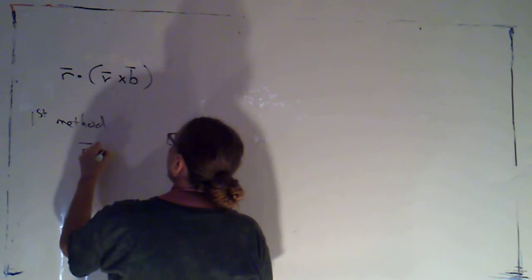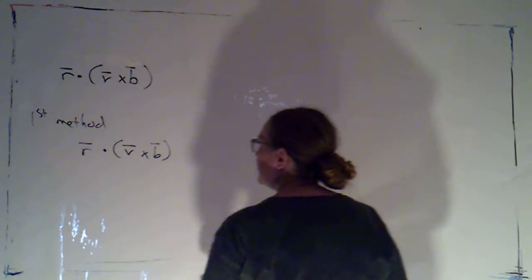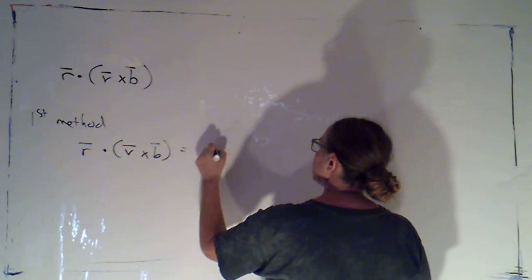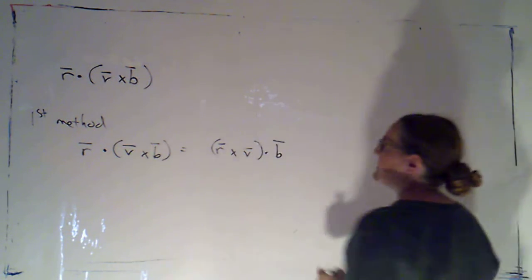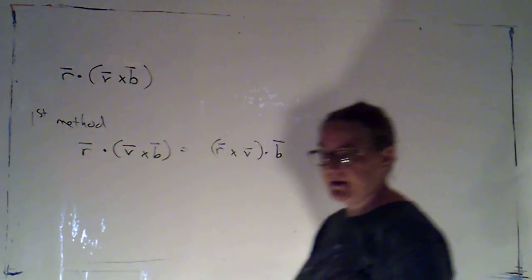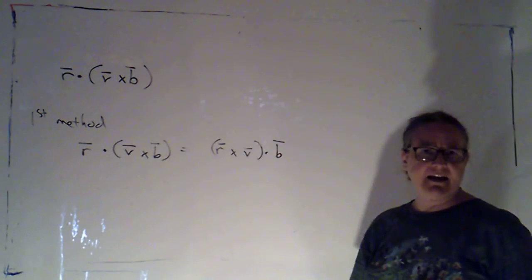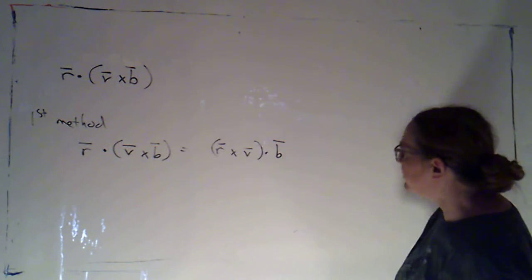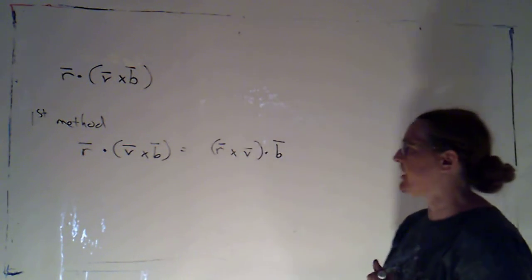I'm going to say that r dotted with v cross b is the same as r cross v dotted with b. Okay. Now, it may not be obvious why that's true. We didn't spend a lot of time looking at scalar triple products and how we could rearrange various things.